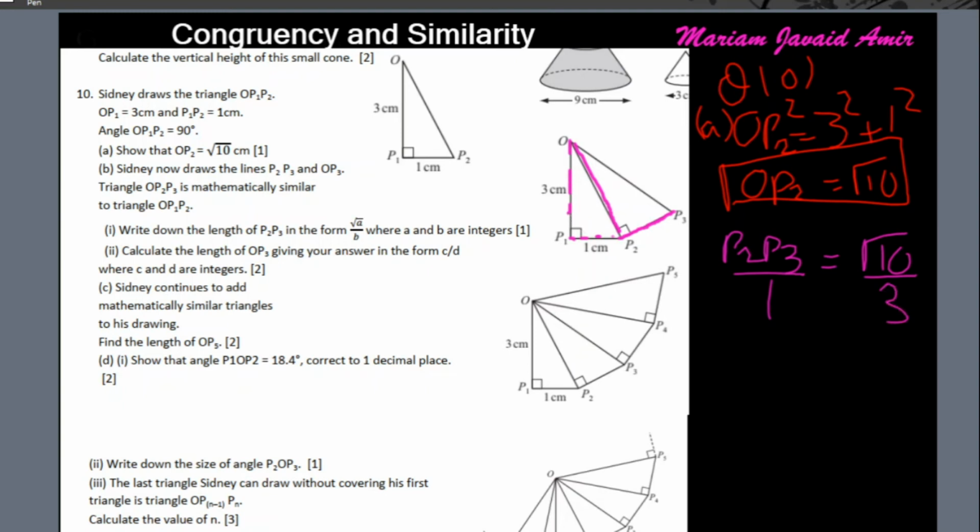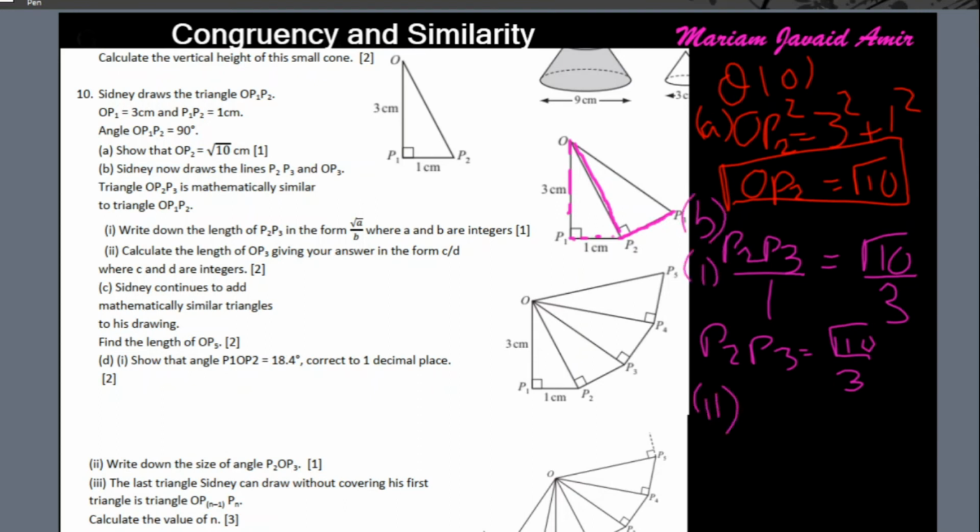Taking the ratios of the corresponding lengths, we get P2P3 equals under root 10 over 3. So we have our answer for this part, B1.